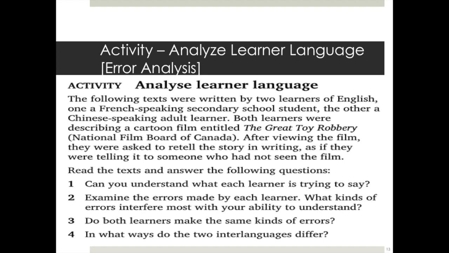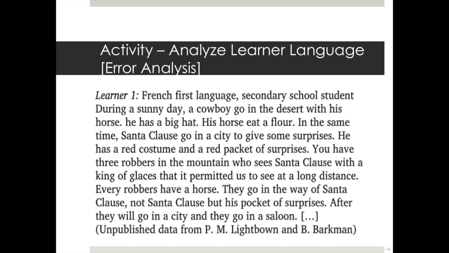So in this situation here, we had a French-speaking secondary school student and a Chinese-speaking adult learner. Both, of course, were learners of English as a second language. And following the activity, we had the data collected by Lightbound and Parkman, which was recollection in writing.